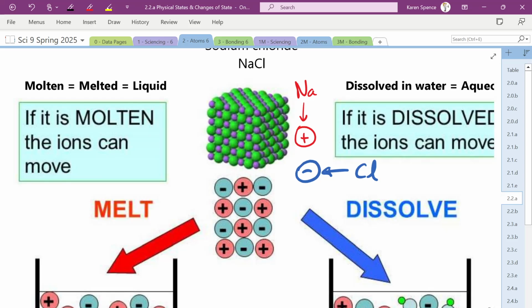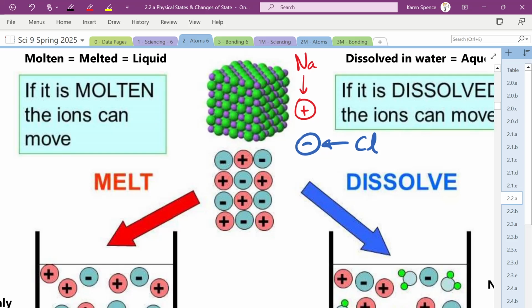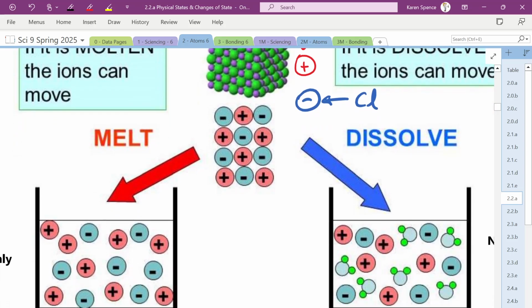When you melt it, there's nothing else there. There's just the sodium and the chloride. But now, because it's been melted, these particles can now move.